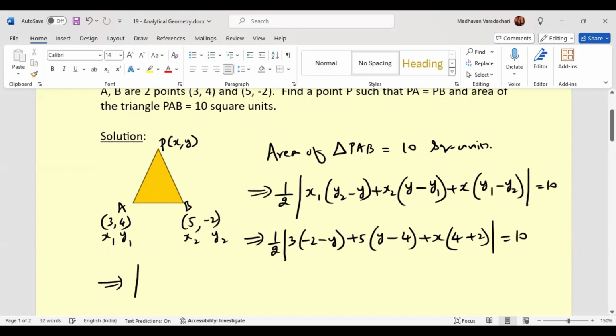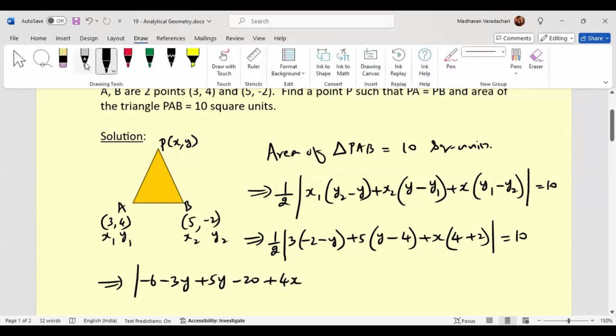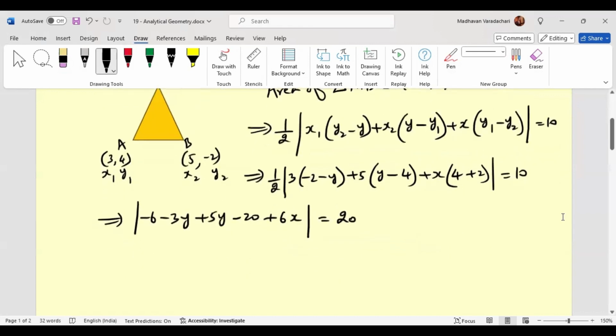So we'll rewrite this as modulus of 3 into -2, it becomes -6. 3 into -y, it is 3y. Then 5y minus 20 plus 4x, or I will directly add up those two. That is 4 plus 2 and write it as 6x under modulus should be equal to 20, because we are taking that 2 to the right hand side, it will get multiplied with the 10.